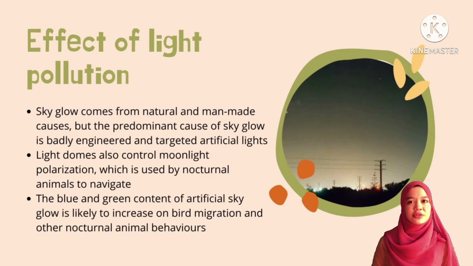Light domes can also disrupt light polarization, which is used by natural animals to navigate. In cities and towns around the world, glow domes are visible and exist in a number of sizes. The blue and green content of artificial sky glow is likely to have an impact on bird migration and other natural animals.